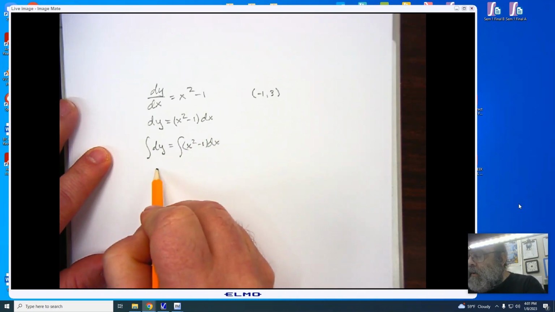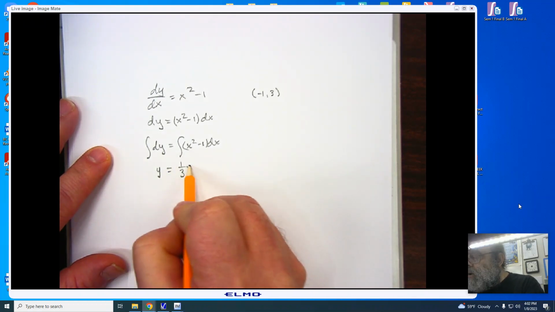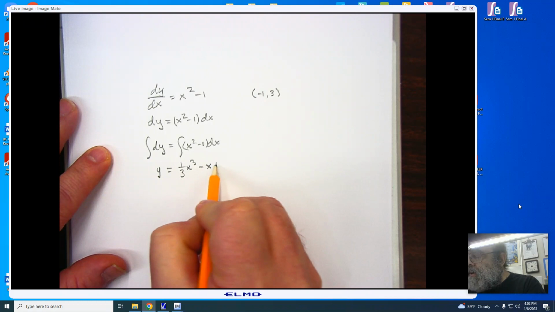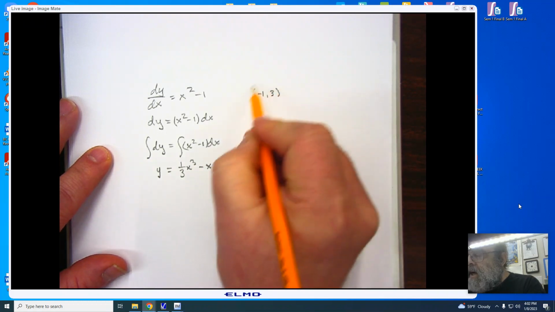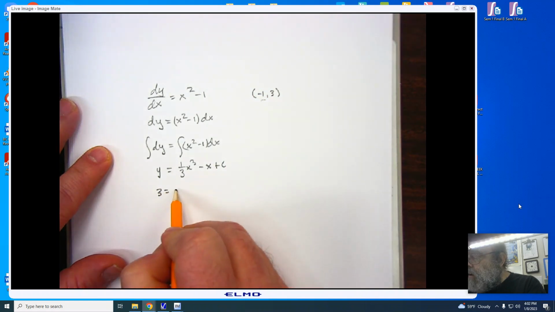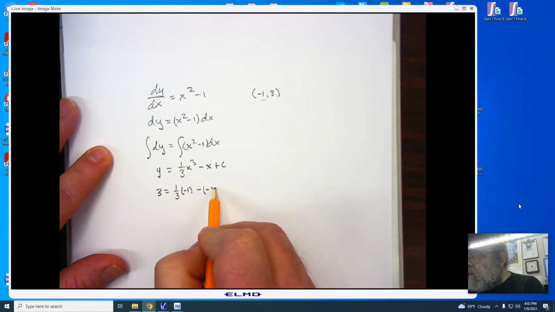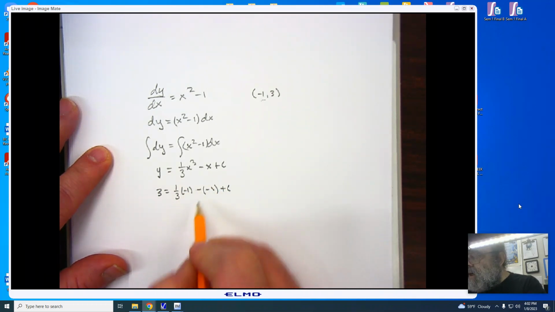And now as we do our integration, we get y equals 1/3 x cubed minus x plus c. And we're now going to take this point where x equals negative 1, y is 3. And we're going to put the negative 1 in for every place that we have an x. We're going to solve for c.